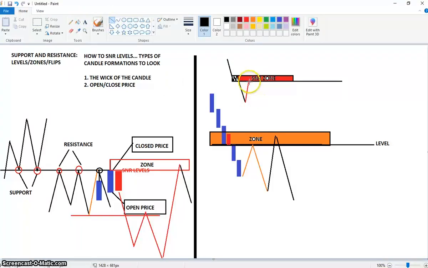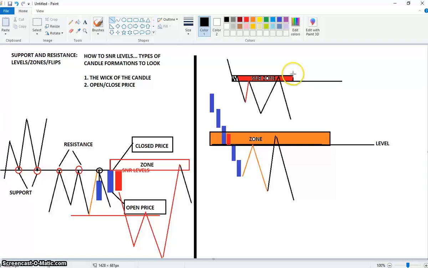That is what price can do. Price can still come back, either touching this level again to reject it, or it will push into it a little bit before now rejecting. Okay, before rejecting. All right, so this is zone.